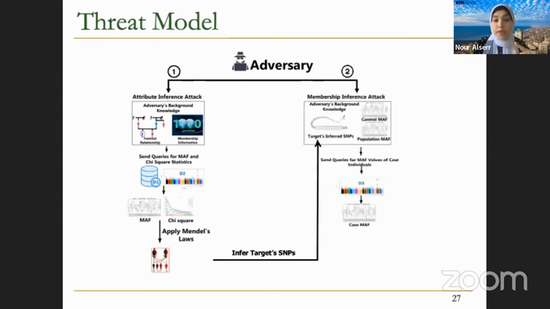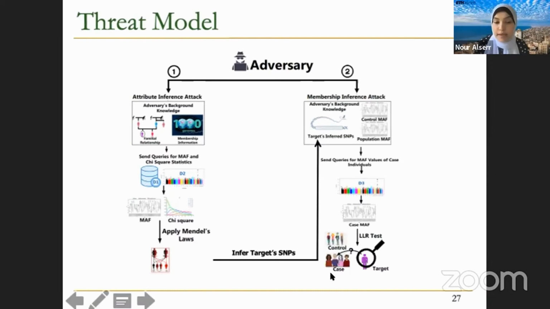Again, we use the inferred SNPs in another attack, which is the membership inference attack. And again, we try to find if that participant or that victim is in the case group. After receiving the MAF query results, we could decide that the target is in the case or not.